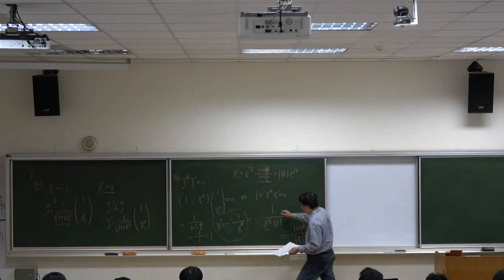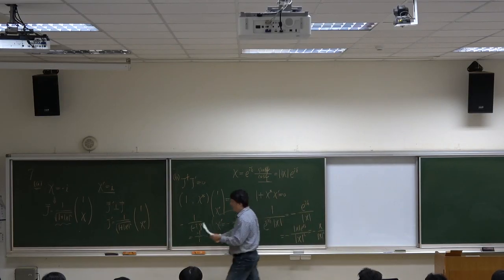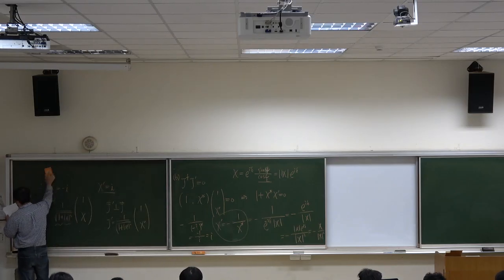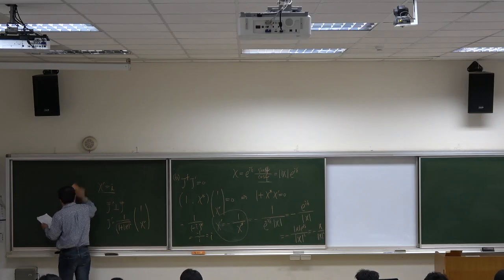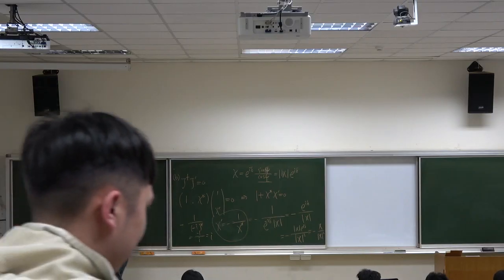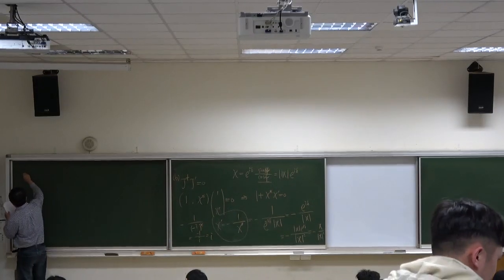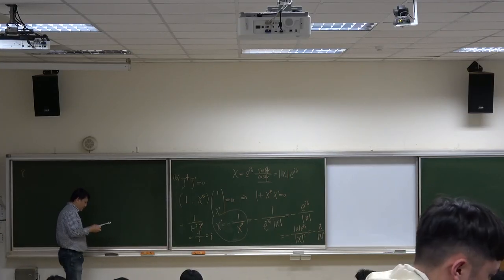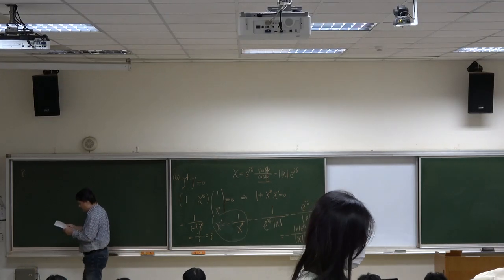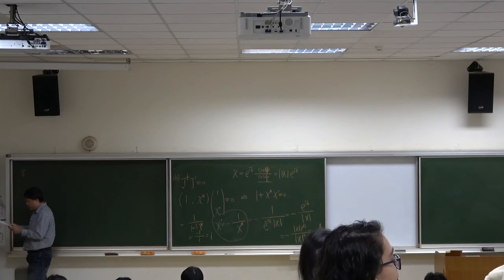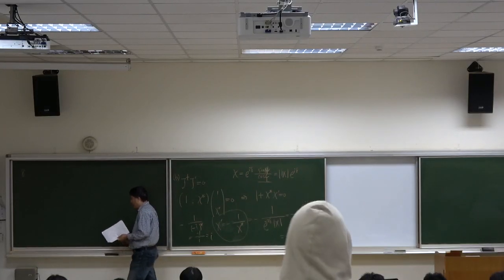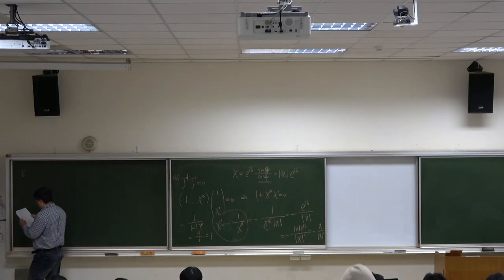Okay, then let's look at problem 8. In this problem, I gave you the normal surface of EM waves propagating in a uniaxial crystal. So in a uniaxial crystal, you have the so-called O wave and the E wave.